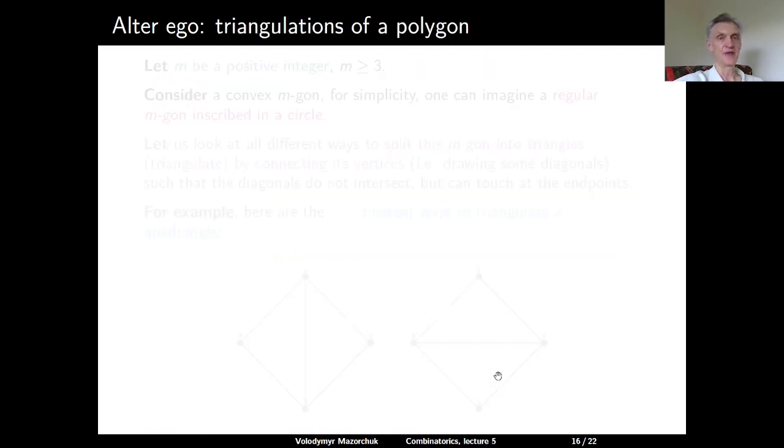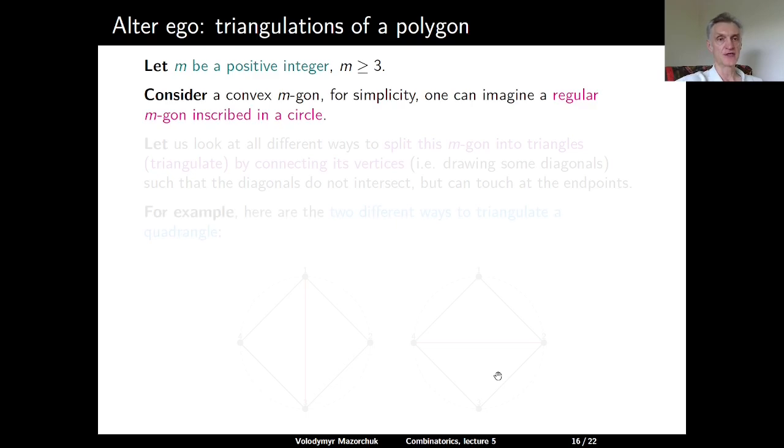Here is yet another appearance of Catalan numbers, now in elementary geometry. So let m be a positive integer, which is greater than or equal to 3. Consider a convex m-gon, and for simplicity one can imagine that that's a regular m-gon which is inscribed in a circle.